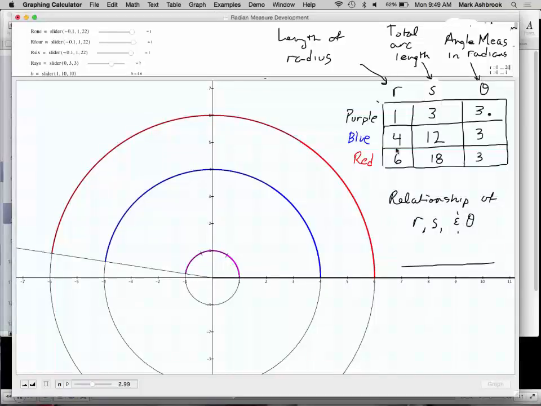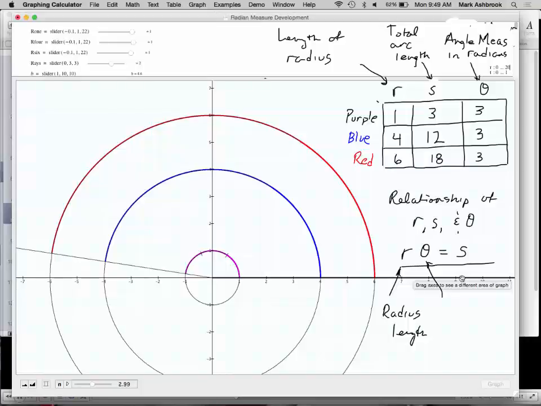So what is the relationship then of r, s, and theta? You're all packing up at the most important part. What is it? R times theta equals s. So why does this make sense? Because if you have the radius length times, how do we think of this as?